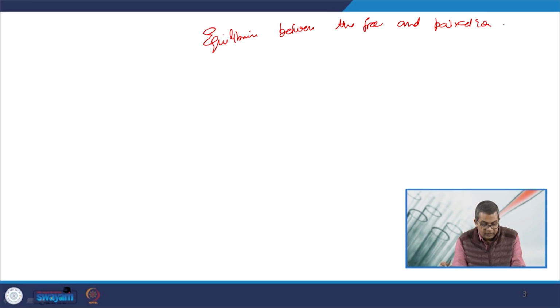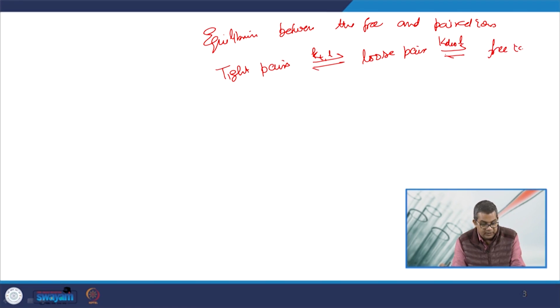Therefore, the equilibrium between the free and paired ions is given by the tight pairs, that is K TL, to loose pairs, that is K, which gives the free ions.